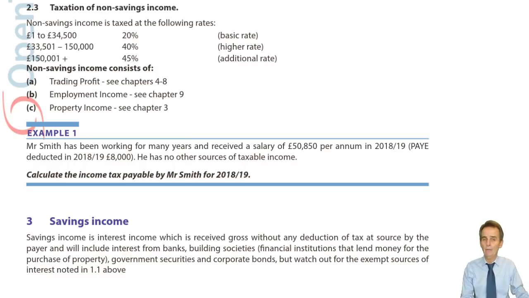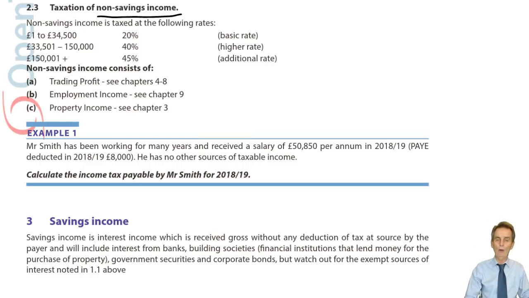Right, the first figure of income that needs to be taxed is our non-savings income. Now we know what it is. Your earned income, be it trading profit or more likely employment income for most taxpayers anyway, and also, if you're lucky, some property income that you might have as well. And this non-savings income uses any of three possible rates.